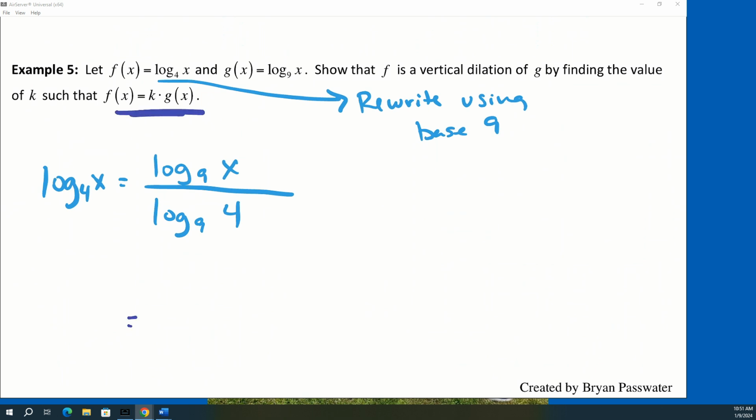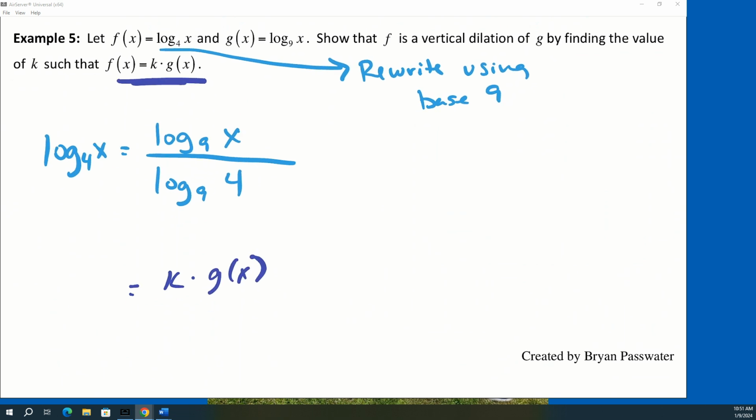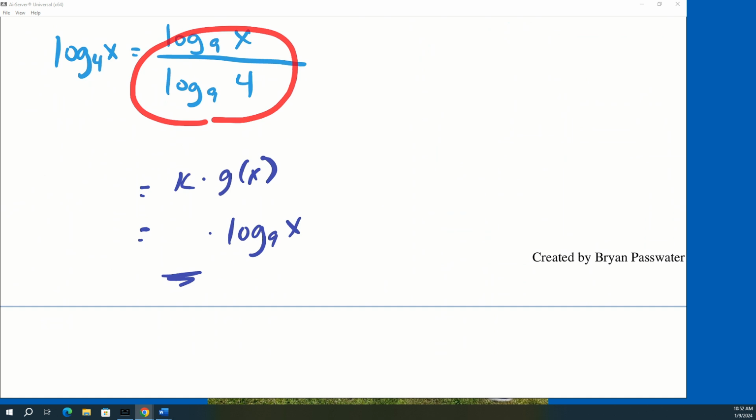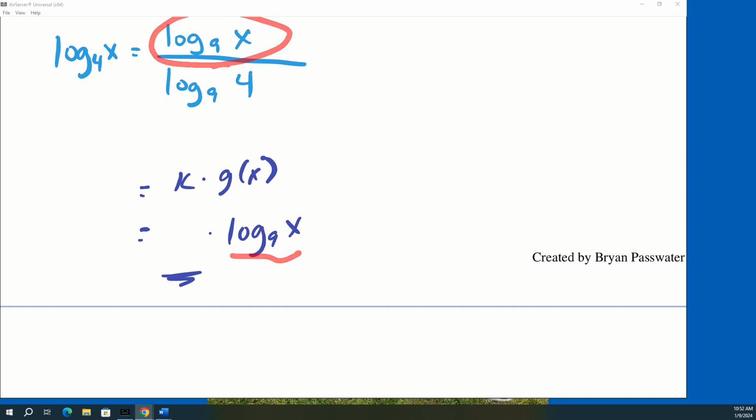So we want to do this right here. So it's going to be k times g of x.